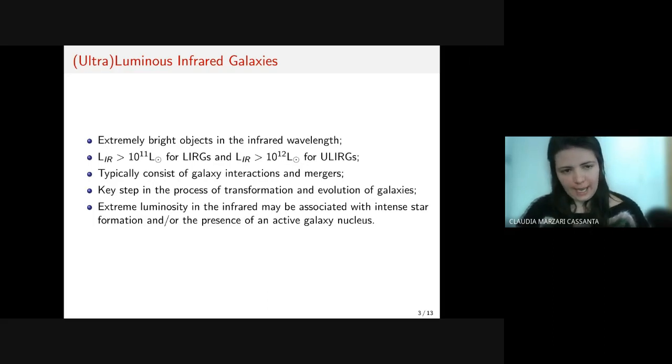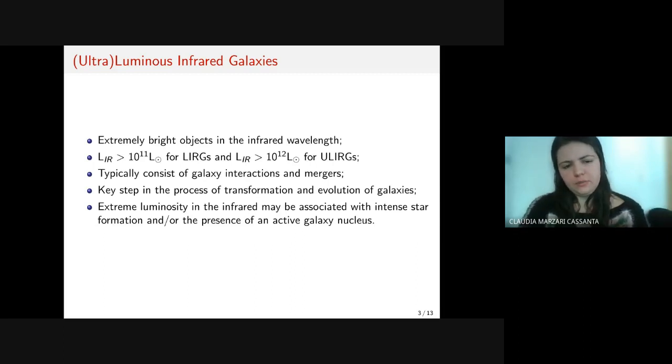Ultraluminous infrared galaxies typically consist of galaxy interactions and mergers. They are objects extremely bright in the infrared wavelength and with luminosities in the infrared above 10 to the power of 11 solar luminosities for LIRGs, and above 10 to the power of 12 solar luminosities for ULIRGs.